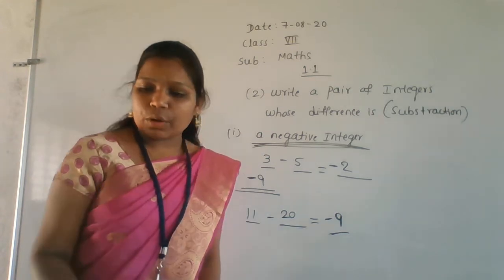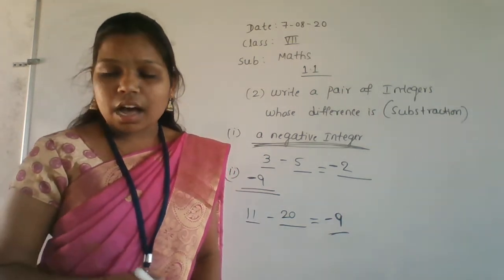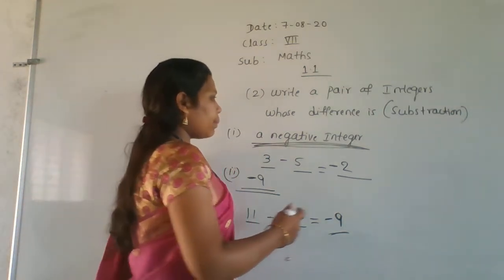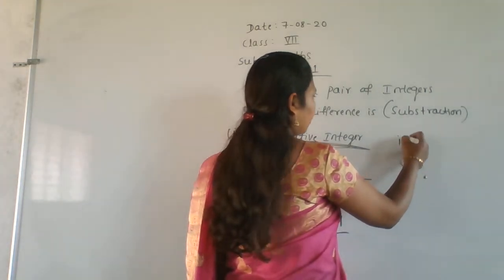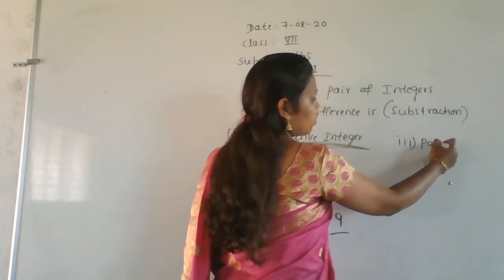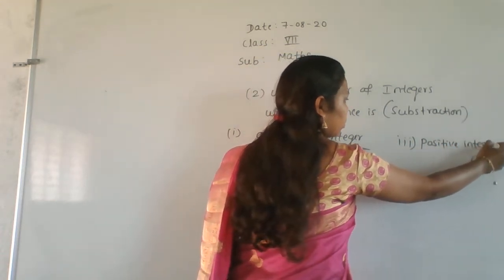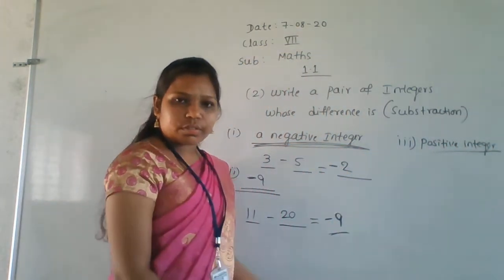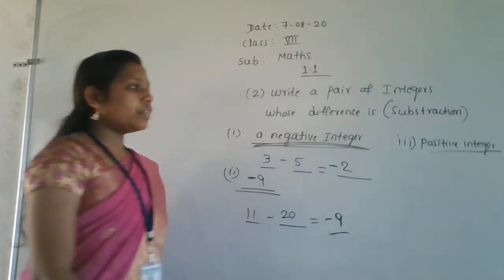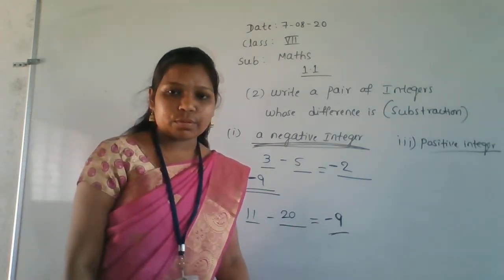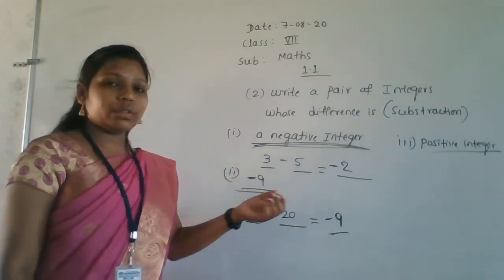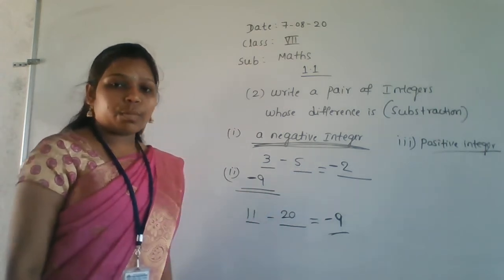Getting everyone? Okay, next question they have given here, a positive integer. Third one is positive. Positive integer means how do you take a positive integer? The difference between those two numbers must be a positive integer.